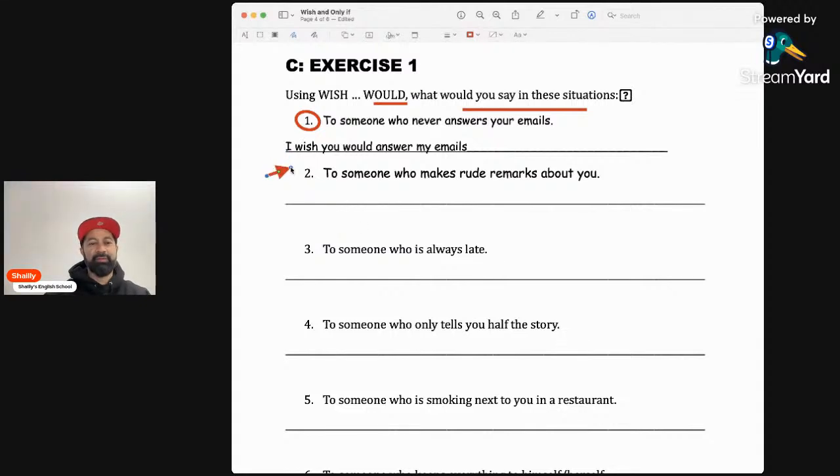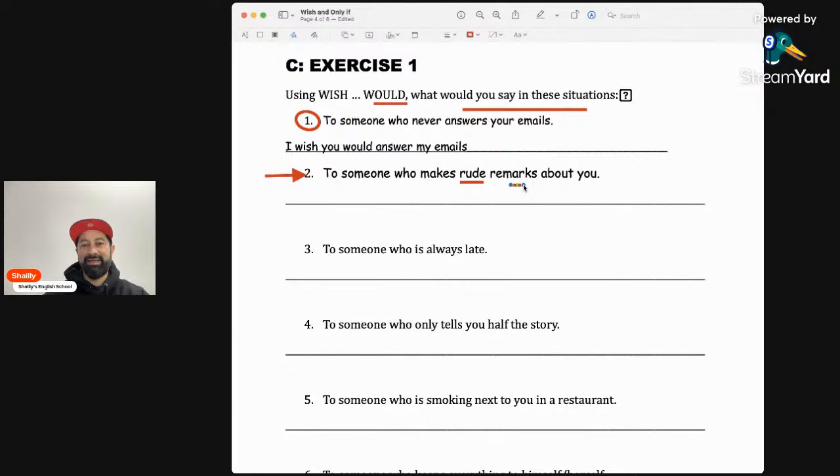All right, what about this one here? What would you say to someone who makes rude remarks about you? Rude means not nice, not polite. Remark means comment.